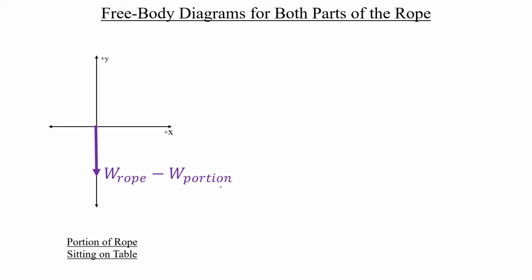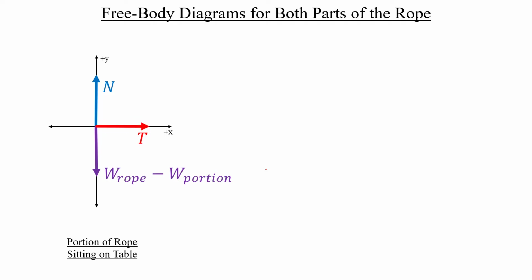That tells us the weight of the part that's sitting on the table. And to oppose that force, there's going to be the normal force acting on the rope from the table. We know that the coil of the rope hangs over the table, and the part that's hanging over is trying to pull on the rest of the rope.